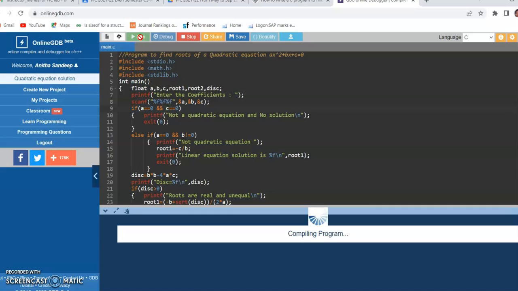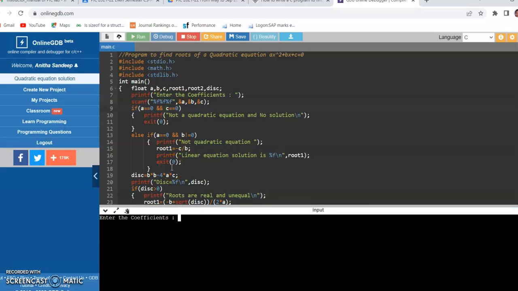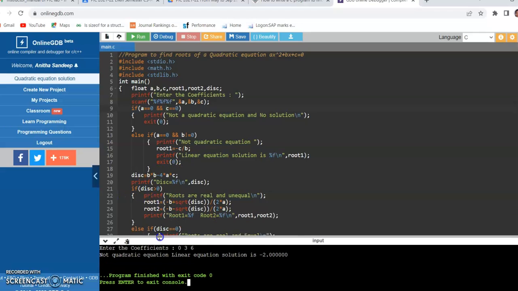And the second case, when a is 0, b and c are not 0. So 0, 3, 6. Not a quadratic equation. Linear equation solution is -2. So this is regarding the roots of a quadratic equation.